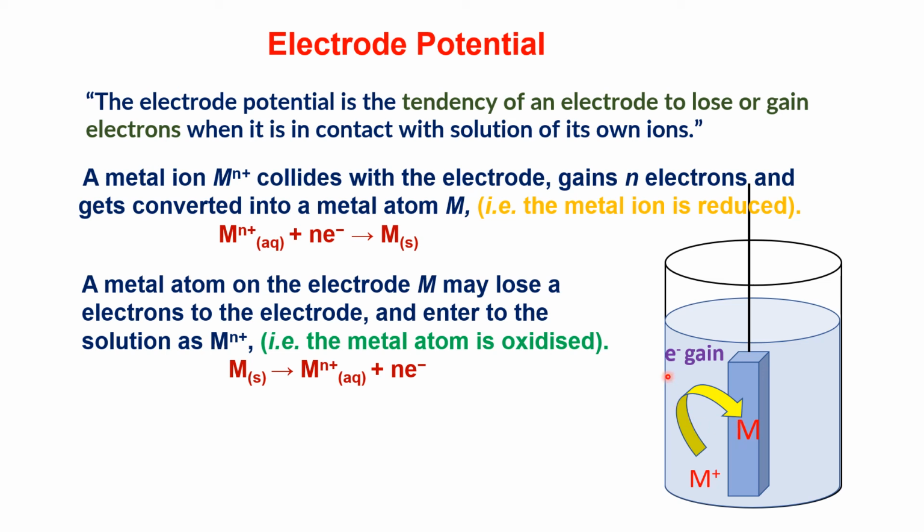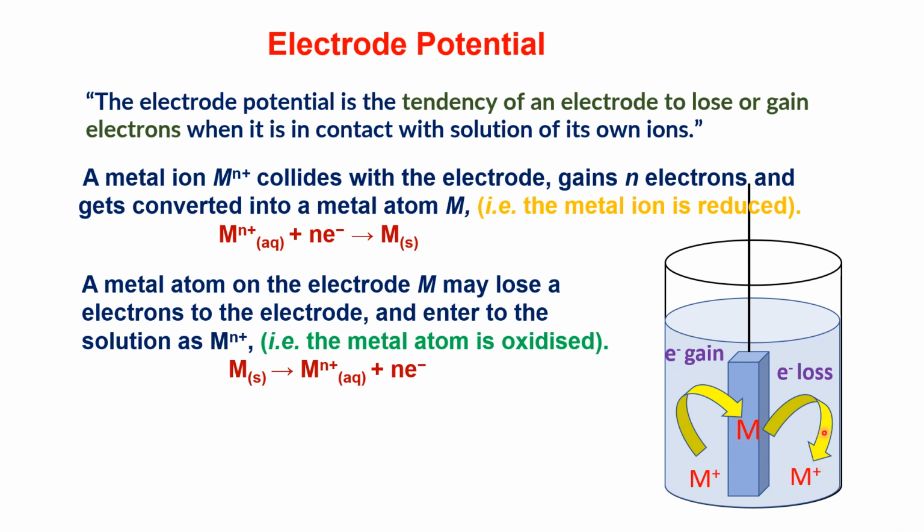So here the gain of electrons takes place, which means that the metal ion is reduced. It is represented as M+ gaining an electron to produce M solid. In another case, the neutral metal M present at the surface of the electrode will lose an electron and produce M+.